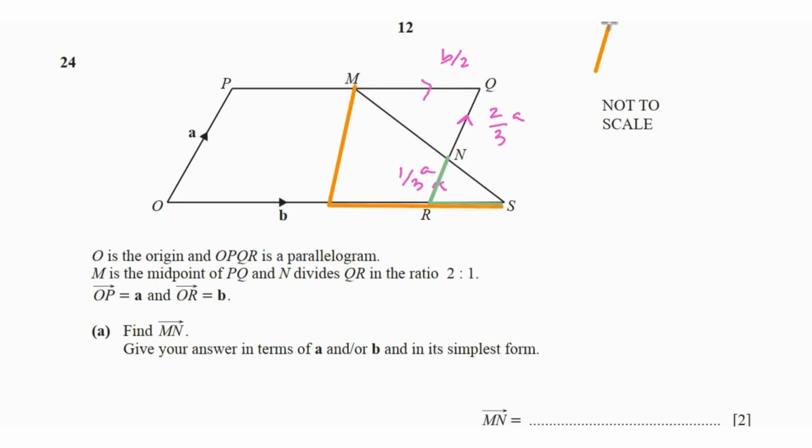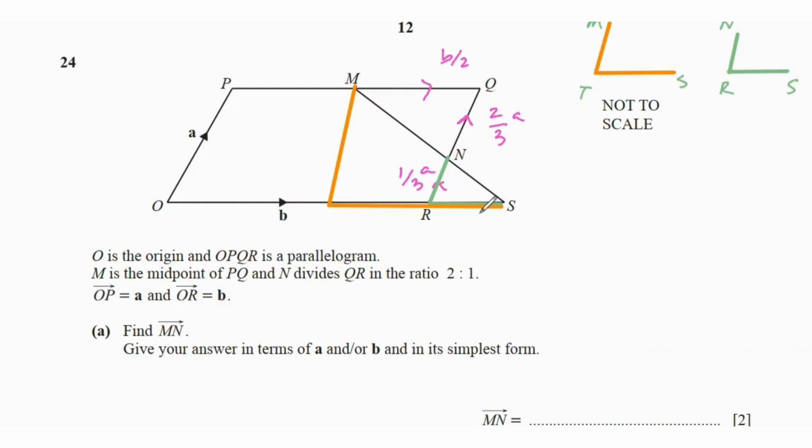So if I draw these separately, this is your M, S, and this is N, R, S. So NR, we know is 1/3 of A. We name this T, MT is A, because that's going to be the same. So we need to find what RS is.